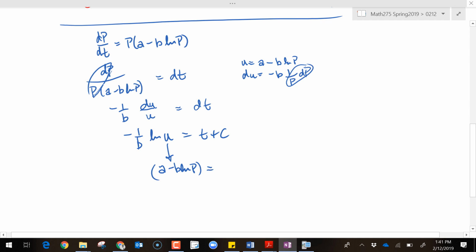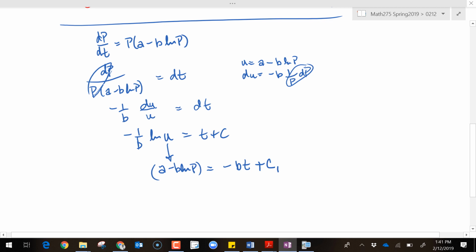Bring the b over to the other side. We're going to get negative b times t minus b times c, which is also going to be another constant. So I'll call it another plus c, but I'm going to put a sub 1. And then if I want to continue to solve for P here, I'll bring the a over to the other side.